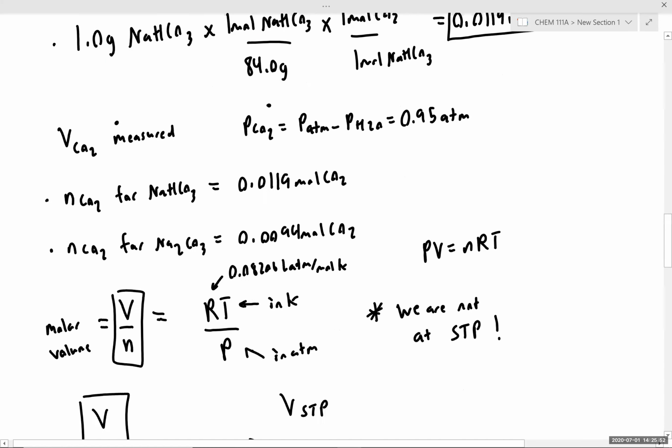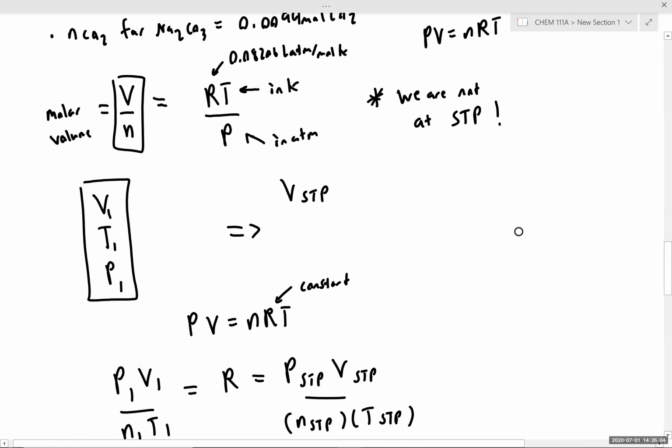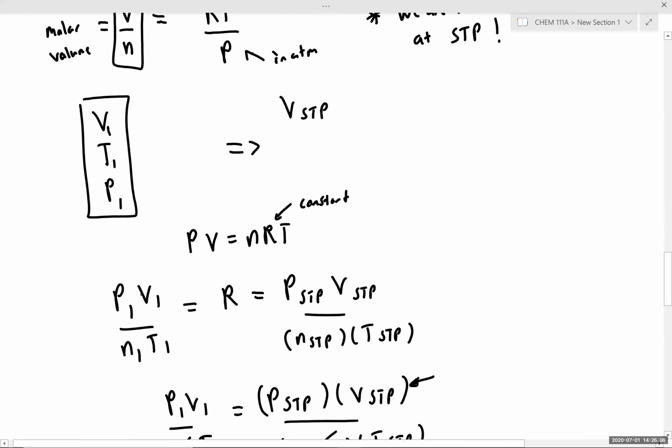And now to calculate the molar volume, we need to convert our volumes that we've measured experimentally into the volume at STP. To do that, we know that PV over nT is equal to a constant. So we can set PV over nT for our reaction conditions equal to the pressure times the volume over the moles times the temperature at STP.